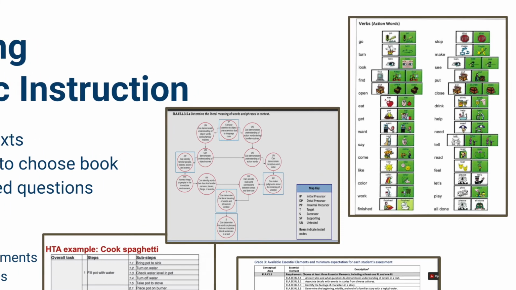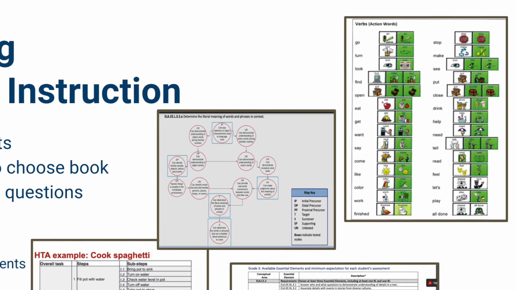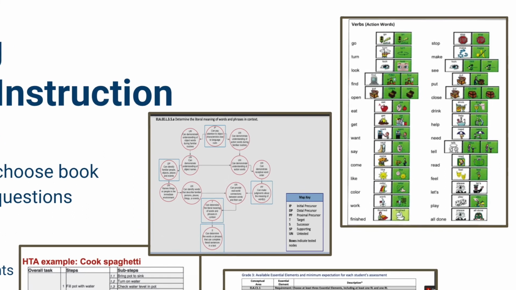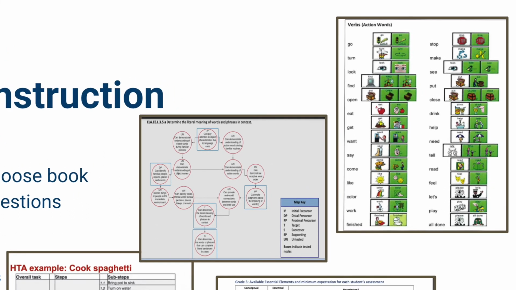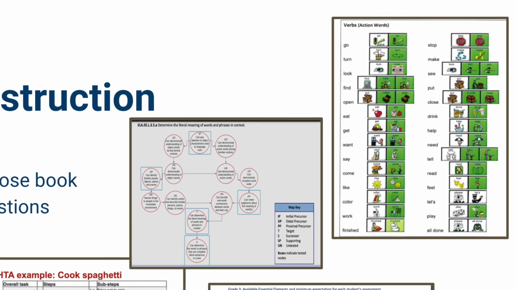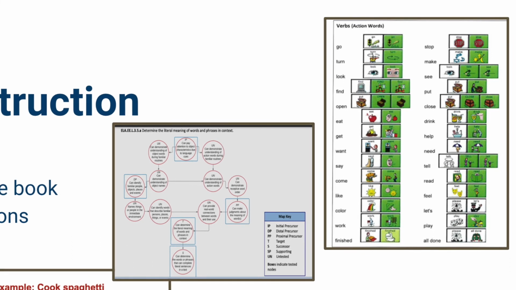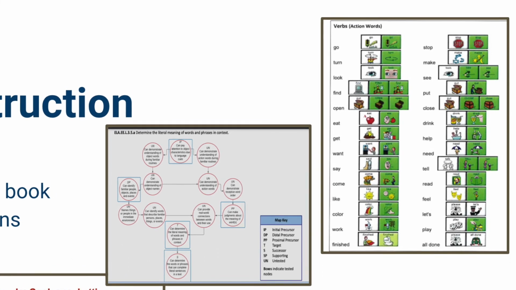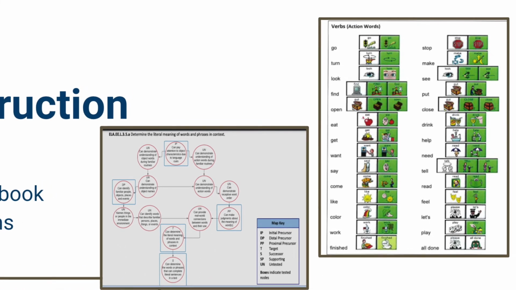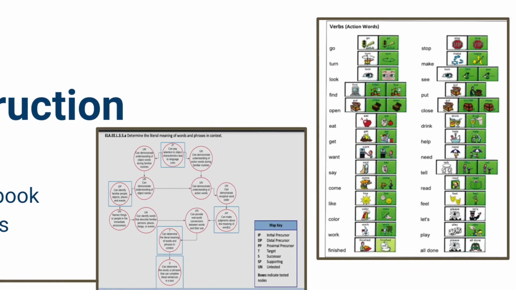We also know this is backward chaining when we are working on a task. So if you want him to say the answer is red, teach red first, then fill in the rest. Red. Is red? Answer is red. The answer is red. Task analyze and teach using those essential elements and the linkage maps available from the DLM.